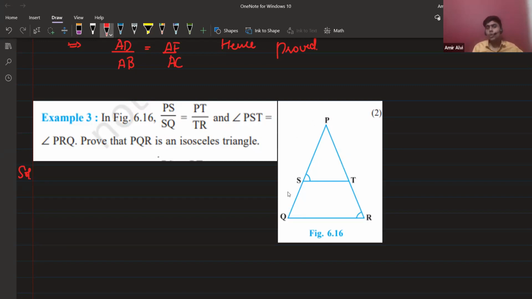Okay, so now, Adil, the question is already given that PS by SQ equals PT by TR. So what can you conclude if the sides of the triangle are in ratio? I've told you in the previous example what this line is to this line.